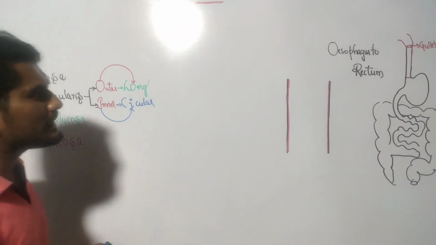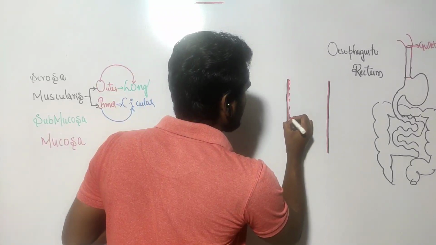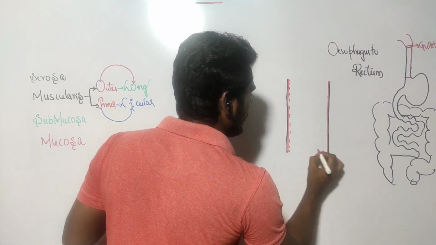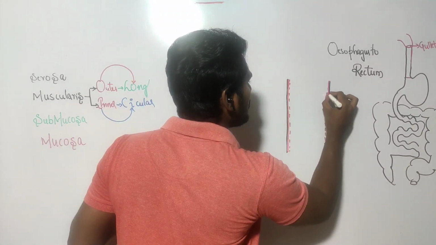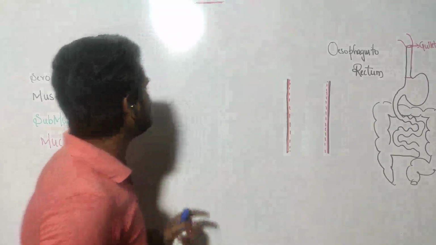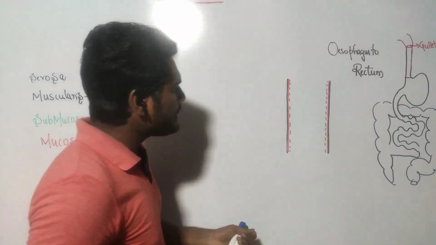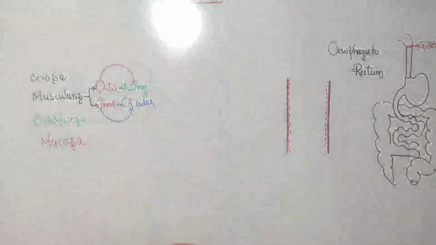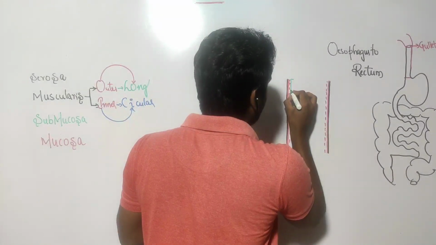After the longitudinal muscle, what? Circular muscle, which is inside. So let me represent it differently. In dots I am representing this. This is the circular muscle. So the total longitudinal muscle and circular muscle come under which layer? Muscularis. Muscularis is followed by submucosa. Yes, here there is the presence of submucosa.